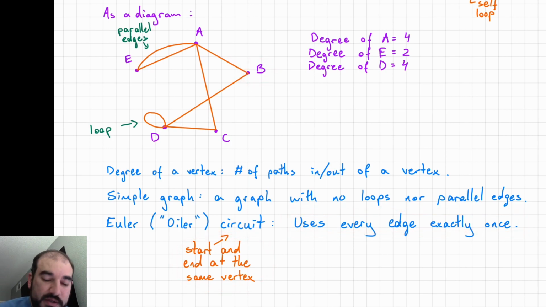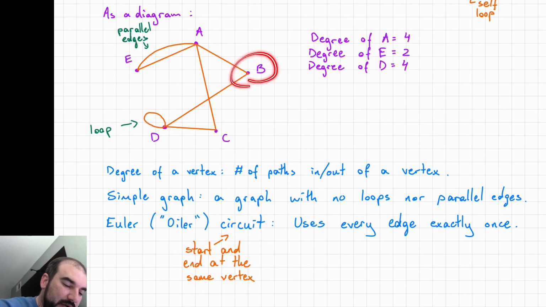The key here is that I've used every edge exactly once, and I've started and ended at the same vertex B. Notice how it doesn't say anything about using or going through vertices multiple times. That's allowed in an Euler circuit. The only thing that is not allowed is using an edge multiple times. Right? So we use every edge exactly once, and every edge must be used, and you have to start and end at the same vertex.